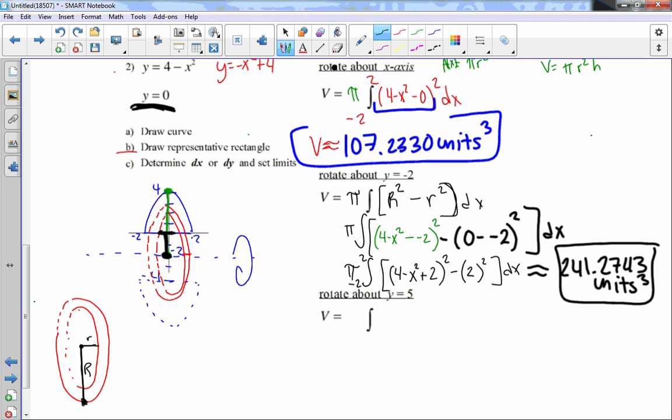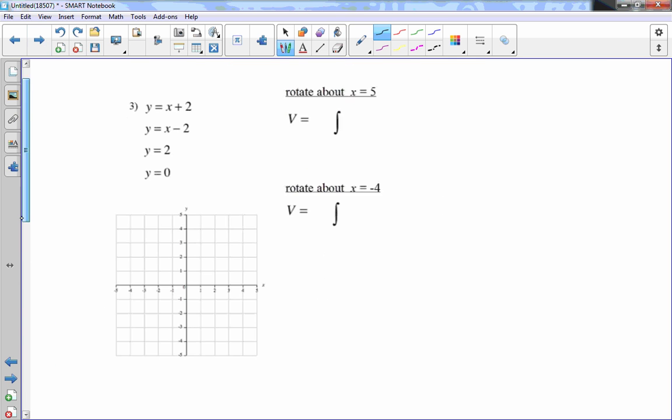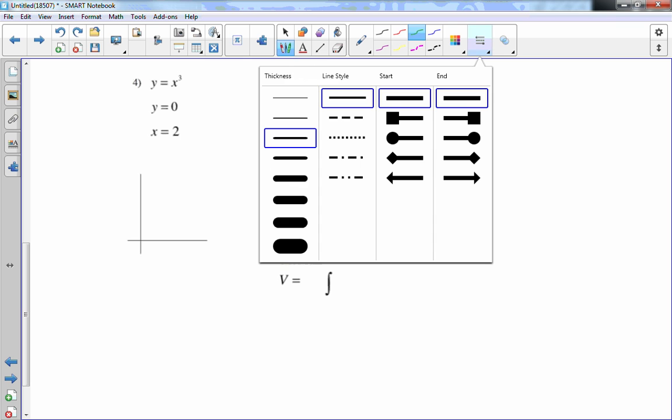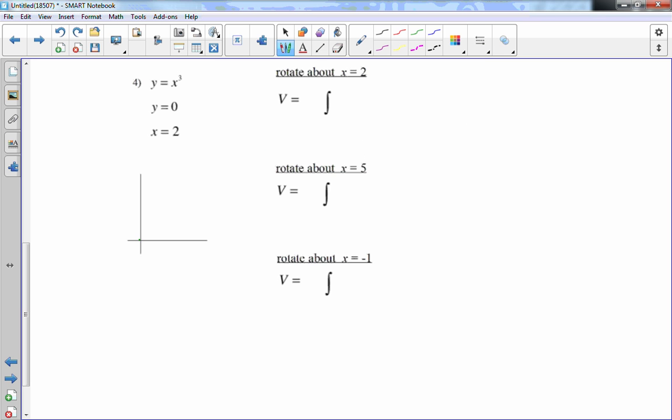Let's go over number 4 if you have time and go back to the one about the 5. So let's go over number 4. Okay, this one says y cubed. So cubic kind of looks like that. Y equals 0.